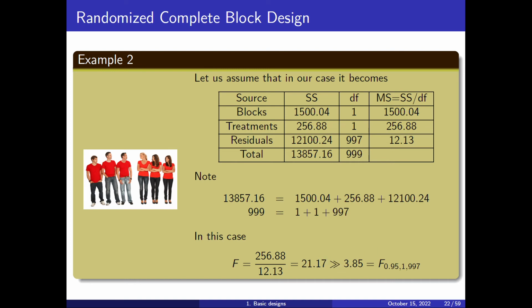So by introducing the blocks, what I have gained is that I can now explain a lot of variance, if it is true that the sex and the age or any other block explains part of the variability.